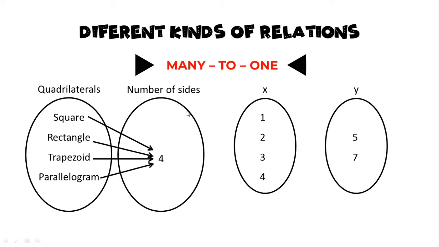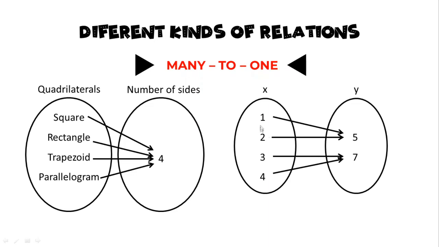Next is many-to-one. So, sa example naman natin, quadrilaterals and number of sides. So dito ang square, rectangle, trapezoid, and parallelogram ay pare-parehong may 4 sides. Okay, next example naman is ang element ng x is 1, 2, 3, 4 at ang element naman ng y ay 5 and 7.